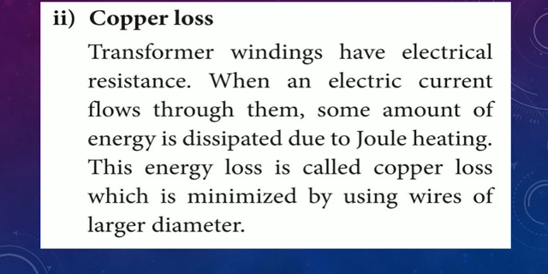When current flows through the coil, heat is produced. So this energy loss is called copper loss, which is minimized by using wires of larger diameter. If we use a large diameter, the heat loss will be reduced.